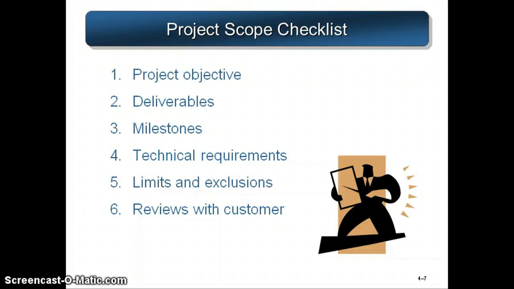Now, the scope is developed under the direction of the project manager, the customer or sponsor, and other key stakeholders of the project. This is very important to the success of the project, and it's very important to include these people in this discussion. There are 6 main components of the scope that must be focused on and communicated to the stakeholders.